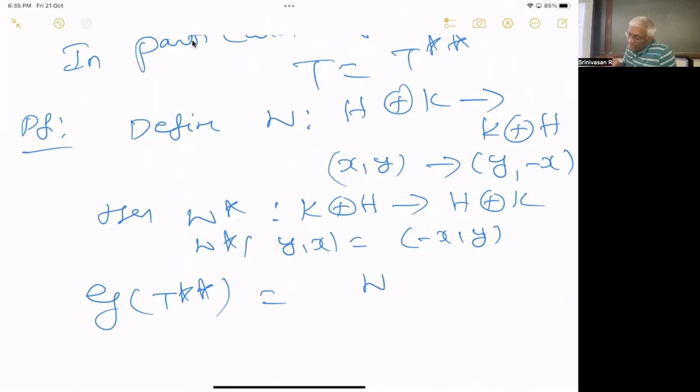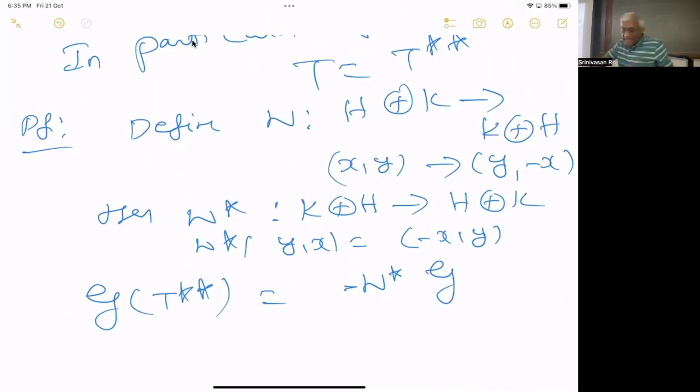W is just a flip of the coordinates with a minus sign in one coordinate. W is from H direct sum K to K direct sum H, but T double star is connected to T star through something.